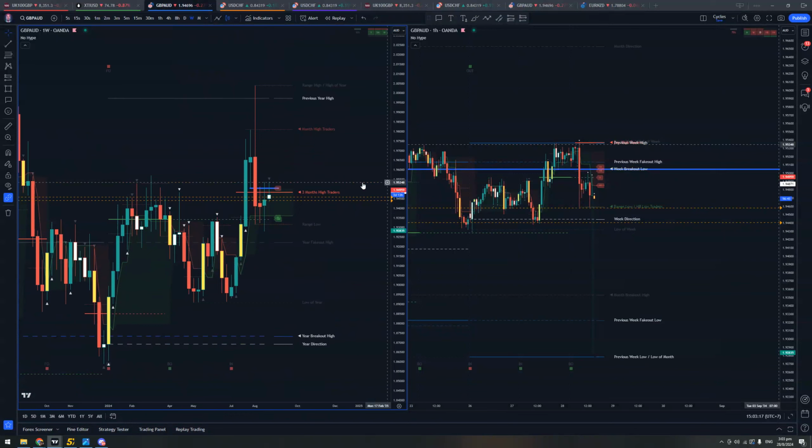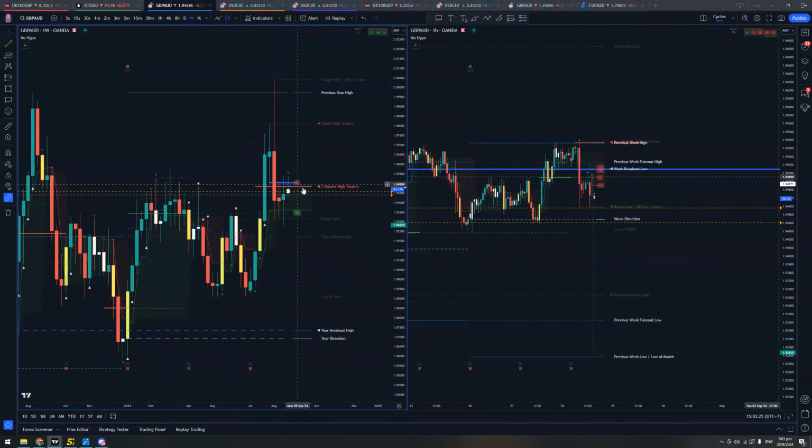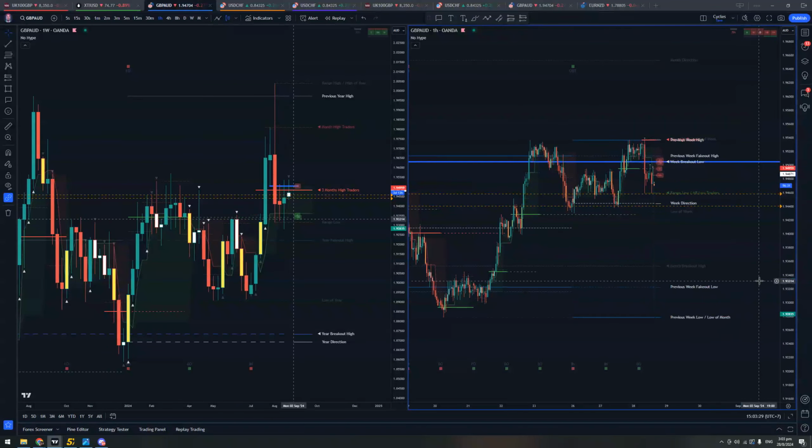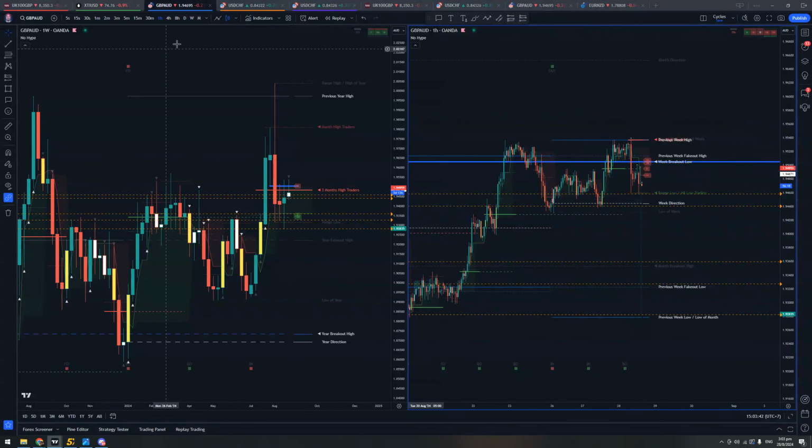And then a couple of weeks ago we faked out the 3 months high, and for a couple of weeks haven't been able to get up above that. So yeah, we'll be looking for this move. I'll see how price behaves over here, and at the week fake out low, and then the previous week low. And that's it.